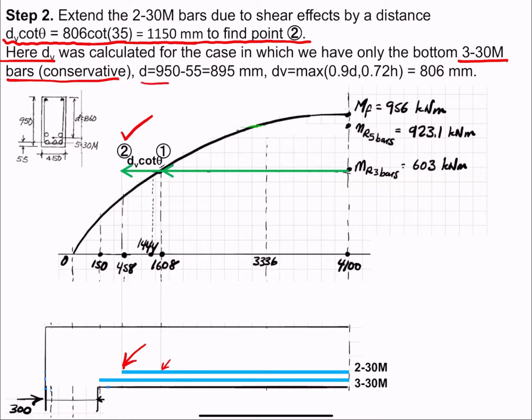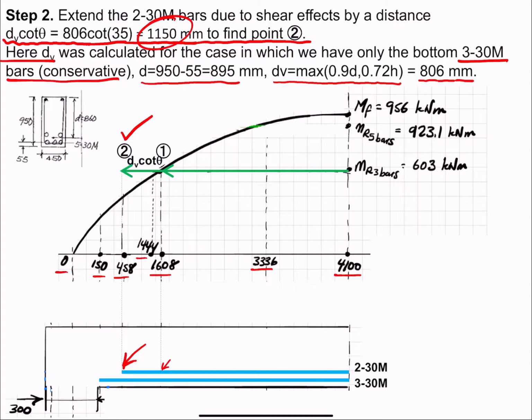So d is 895, and dB is the maximum of 0.9 d and 0.72 times h. So we get our 806 mils. So dB cotangent of theta is equal to 1,150 mils. And you will see that I am keeping track of all my distances. I have some that we are not using at this point, but I'm keeping track of all of them.